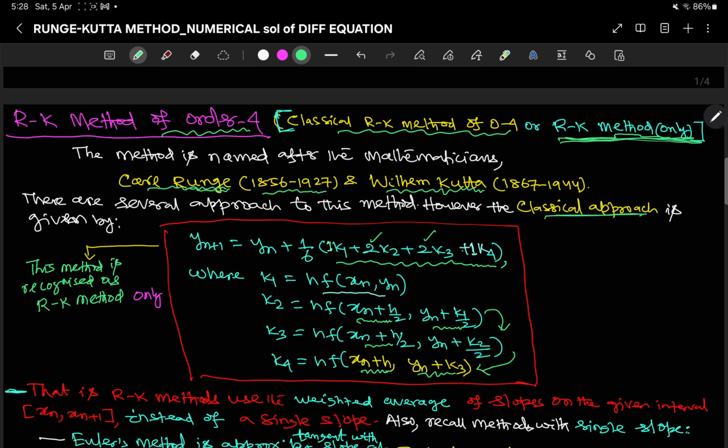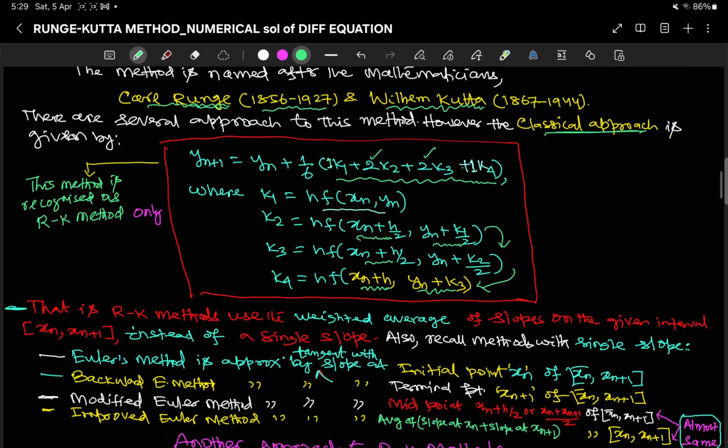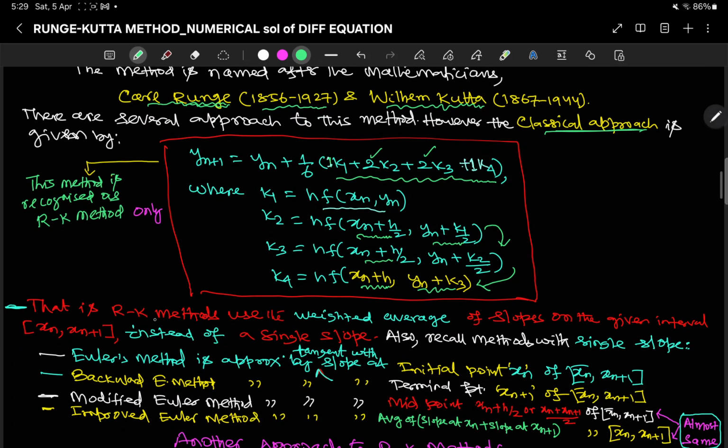Now if we compare with the previous methods using this geometrical interpretation, as you know, the RK method uses a weighted average of slopes in the given interval instead of a single slope.